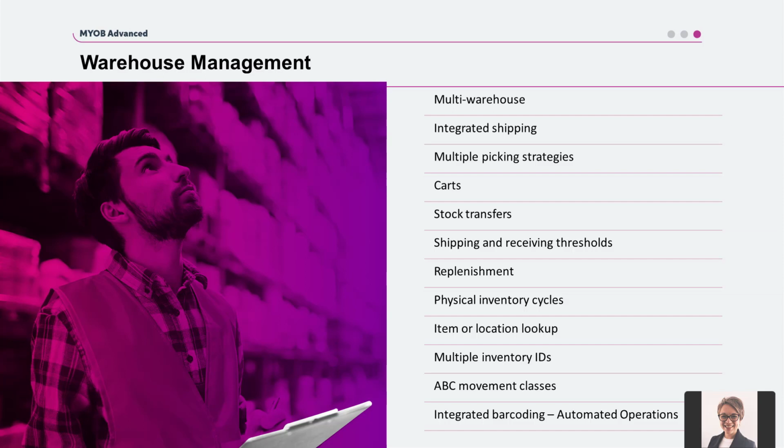We can manage replenishment, so buying of inventory. As I mentioned, the physical inventory cycles, item or location lookup, again, multiple inventory IDs, manage your ABC movement classes that are associated with your physical inventory, and then the integrated barcoding that also exists within the solution as well.